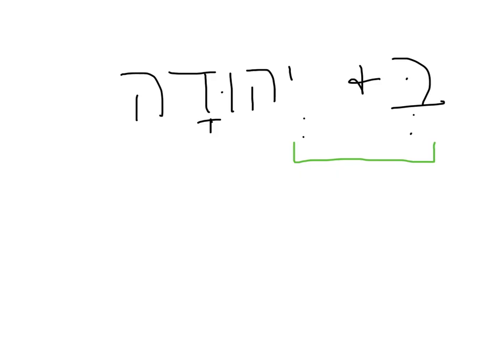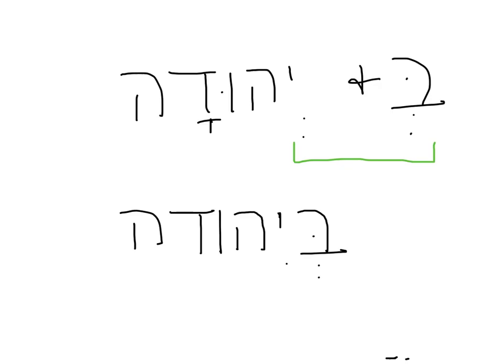And so what happens in this case is we will go ahead and add the letters. So I'll actually go ahead and do it for a moment, but it doesn't actually work in real life. We can't do this. So what happens, to take it in steps, is the first shva compensates and becomes a hirik. Now that's normally what happens, and that's fine.